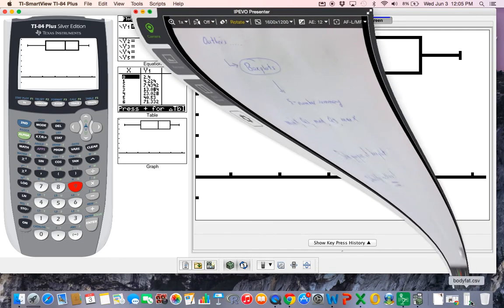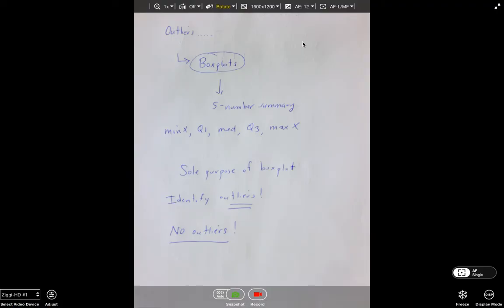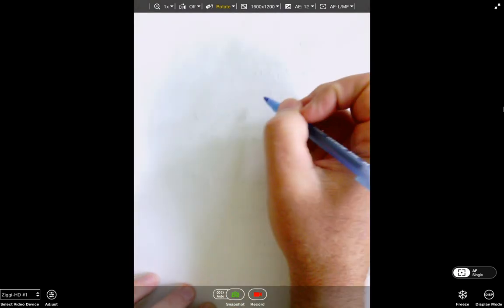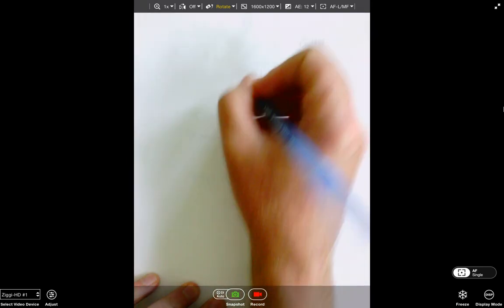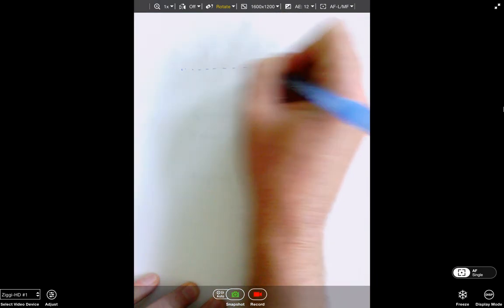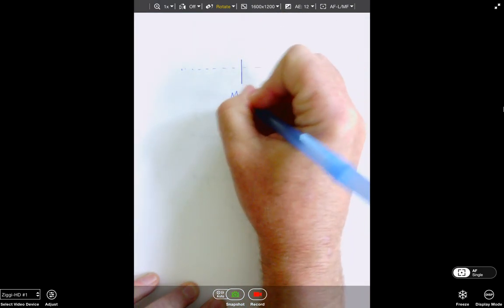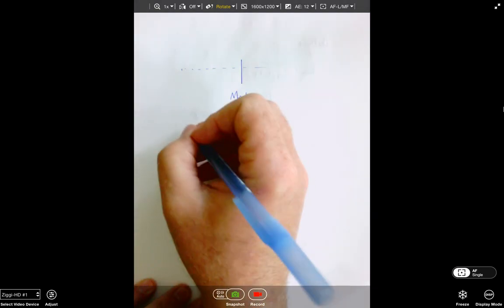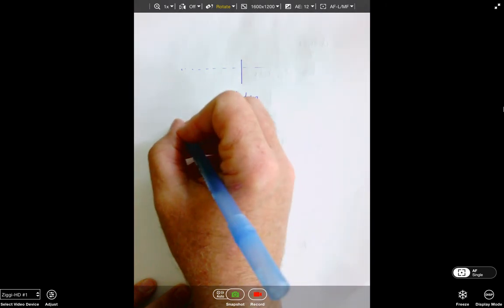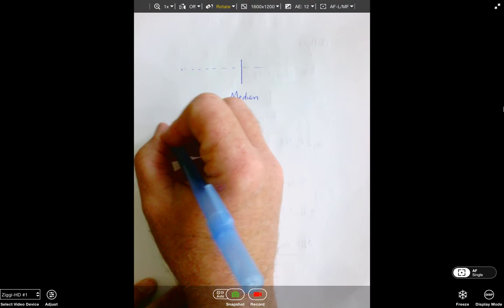Now, let me show you the way that outliers are actually determined and identified. I wasn't going to do this, but actually I am. If you look at your data range from low to high, and we come in and define the median, we can do something called an upper fence.